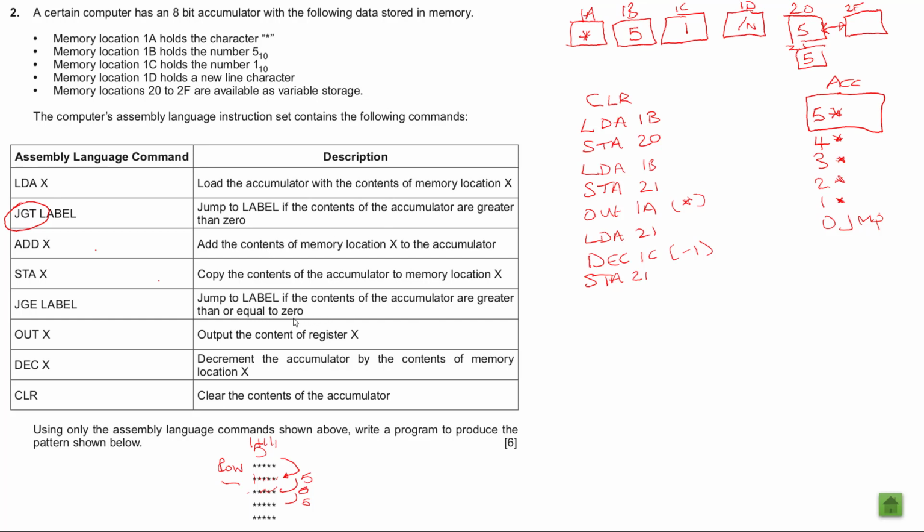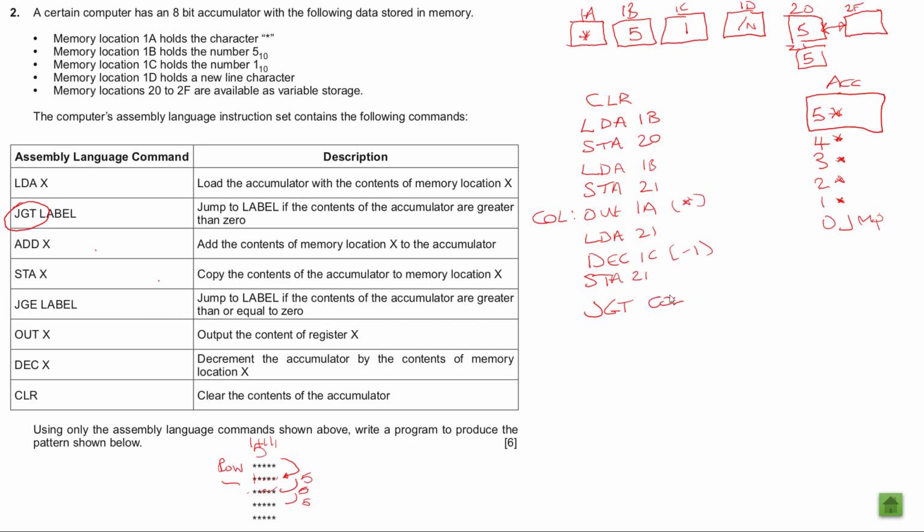So if I keep decrementing 5, 4, 3, 2, 1, if the contents of the accumulator is greater than 0, then I need to produce another star. So I'm going to jump up to wherever I need to output a star again, and that's this one here. Each star is in the column, so I might put col on this side here with a semicolon. That's how you denote a label.